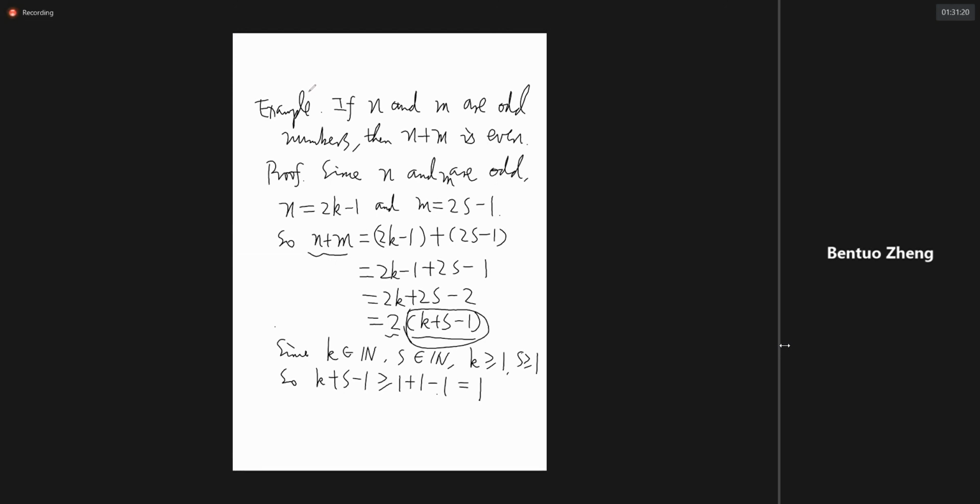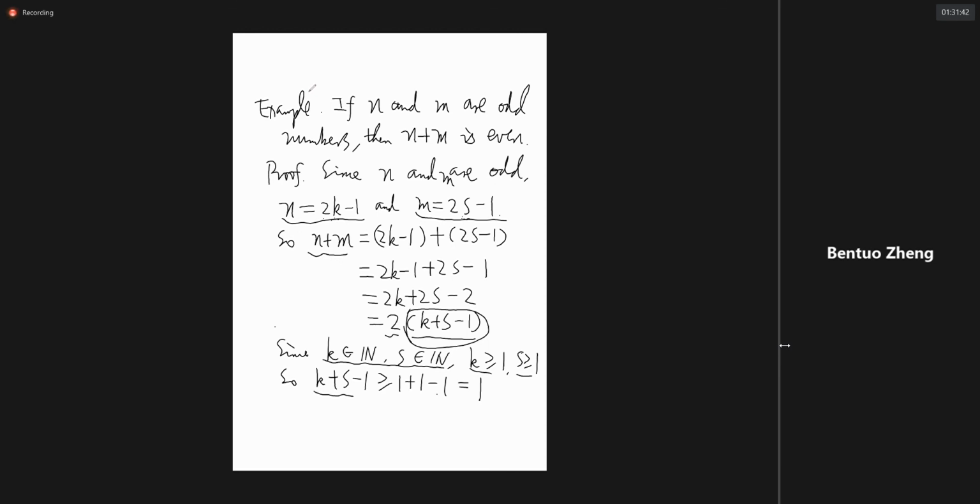Okay, so because here you see when n and m are odd, we have n equals 2k minus 1. So this k and s have to be natural numbers because this is by definition. And then when k and s are natural numbers, they both have to be greater than or equal to 1.